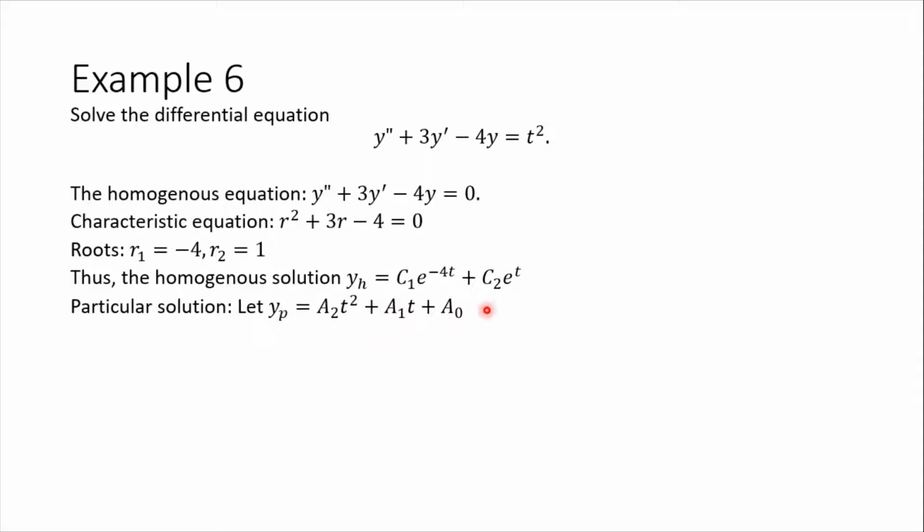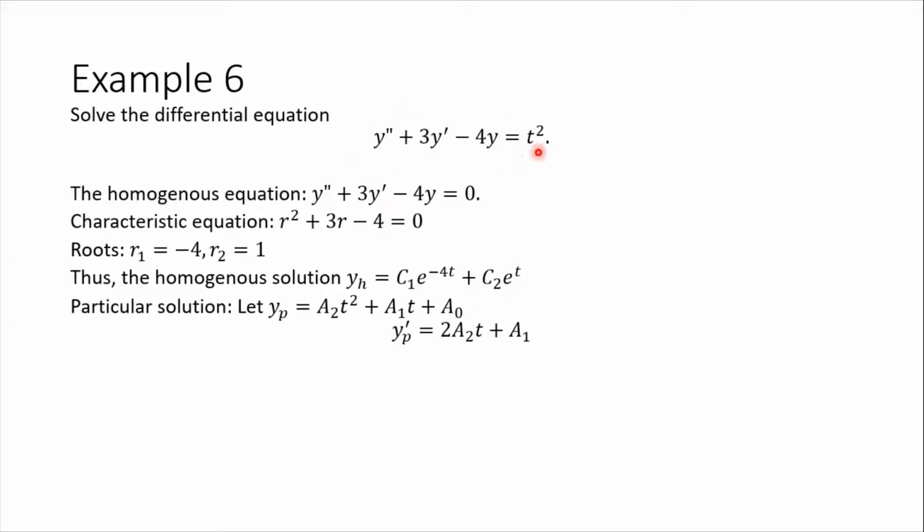So a2 t squared plus a1 t plus a constant a0, with different coefficients, the coefficients which we are going to find. And of course we have to check whether there are terms in the particular solution and in the homogeneous solution which are the same. So here the terms are e to the power of minus 4t, e to the power of t, and we see that there are no such terms in the particular solution. Okay, so we will be okay.